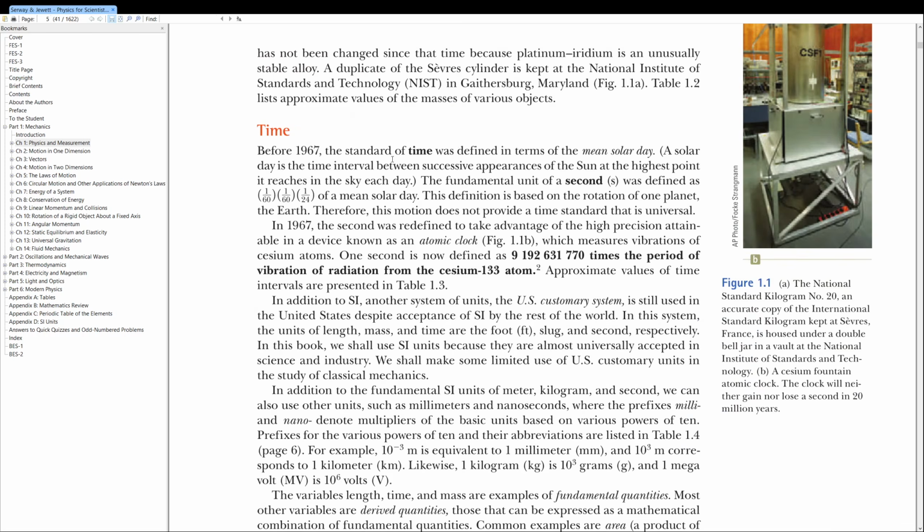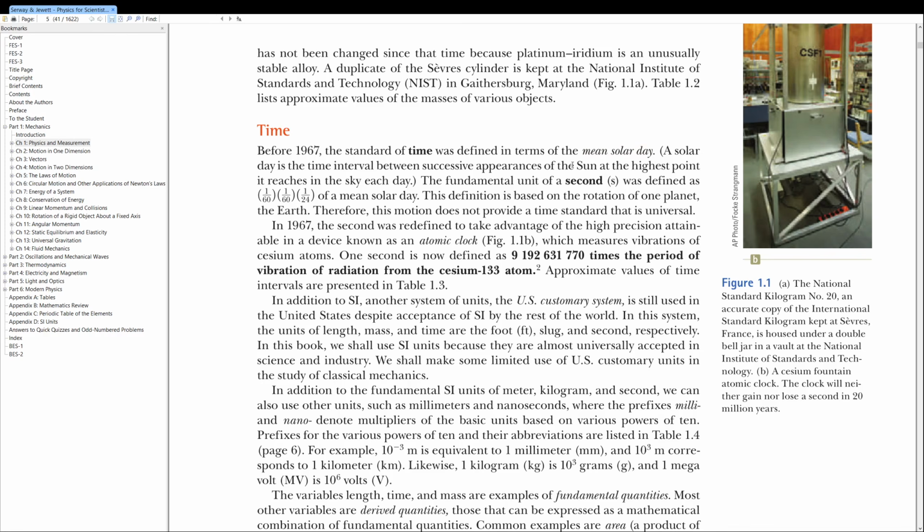Time. Before 1967, the standard time was in terms of the mean solar day, right? So you basically point at the sun, and then you wait until the sun goes back to that point. It's not the most accurate way to measure time because we've discovered that not every day has the same length, for different reasons.